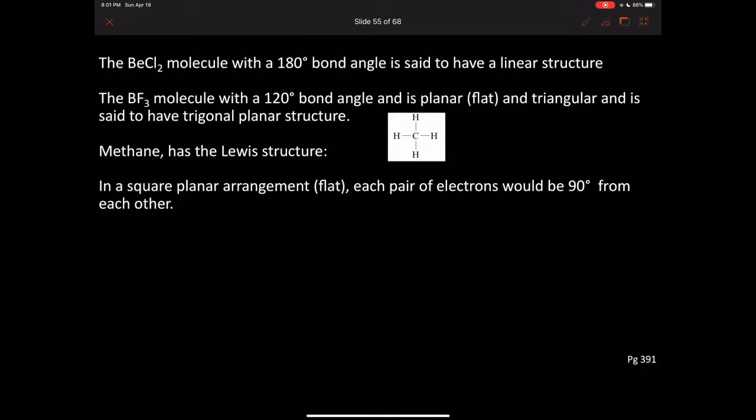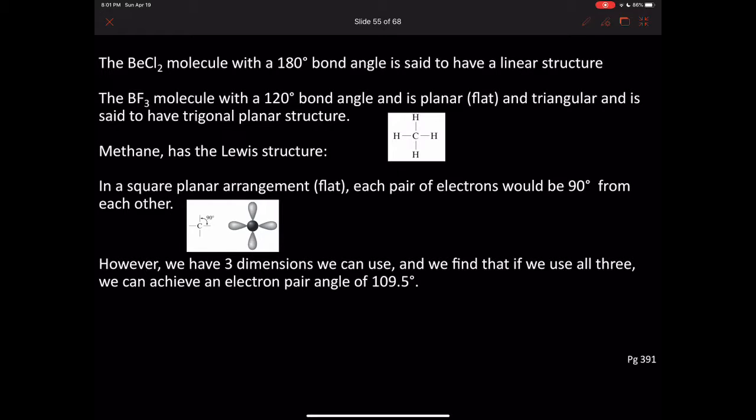However, this is where our 3-dimensional world comes into play, because we're not dealing just with 2 dimensions. This is what it would look like in 2 dimensions, but we have a 3rd dimension that we can work with. So we can find that they can actually achieve an angle between each of the single bonds of 109.5 degrees.